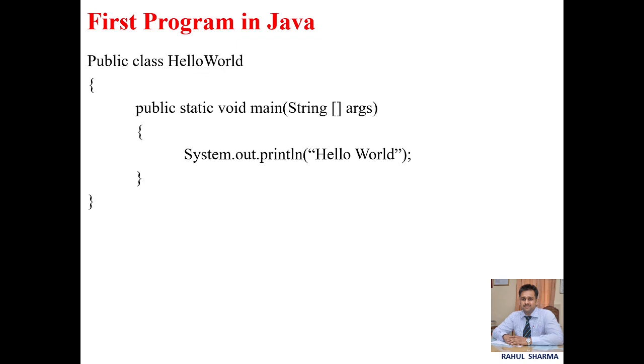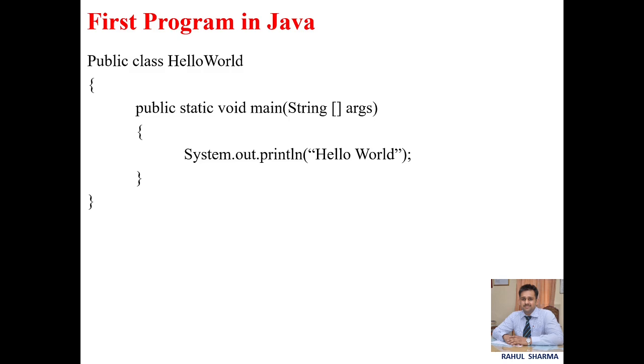Now this is our first program in Java. Here we have a class and its name is HelloWorld, and in this class we have written some code. We will learn about this code, what we have written, what is the meaning of these particular identifiers, and what are these classes and arguments we have written in this program.